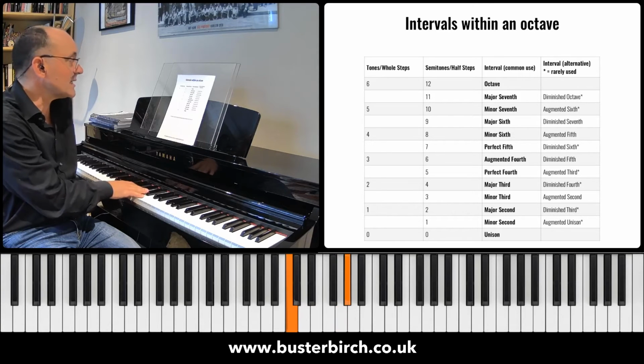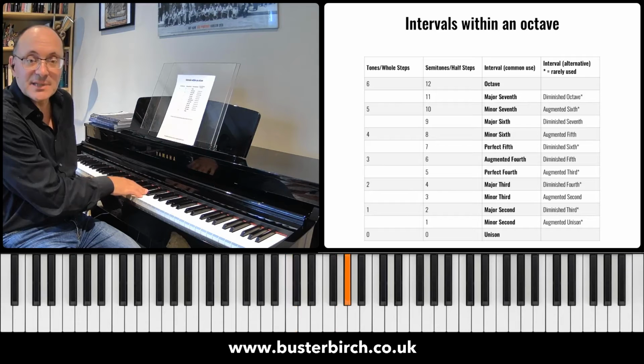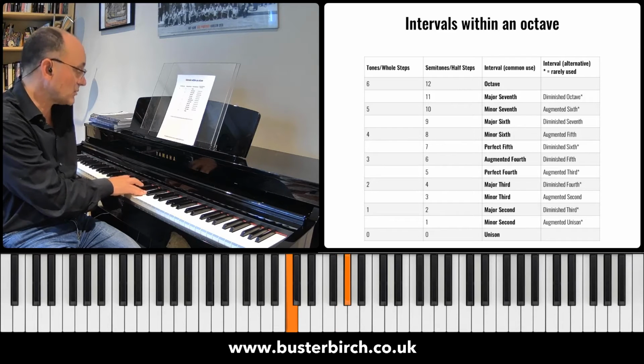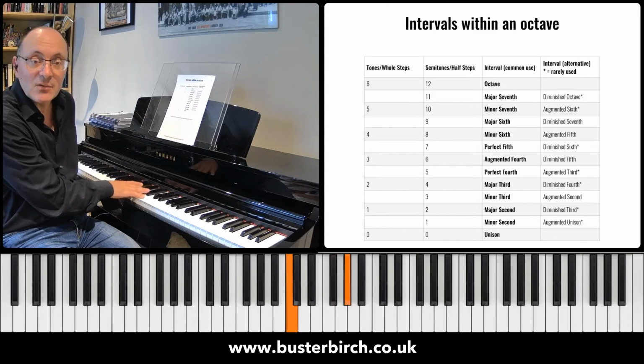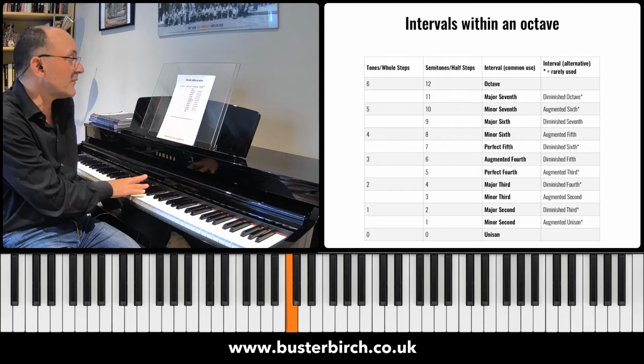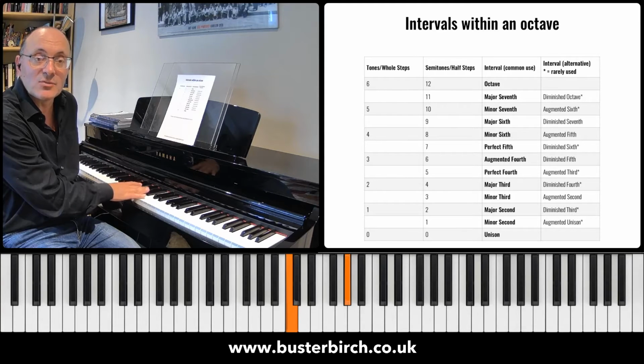Next interval is 8 semitones, 4 whole tones. So this is the minor sixth. If we call this note A flat, and we're going from C to A flat, then that's a minor sixth. If we call this note G sharp, we're going to call this interval an augmented fifth.